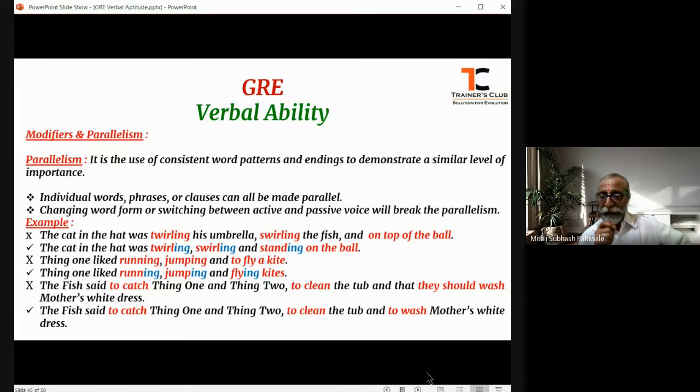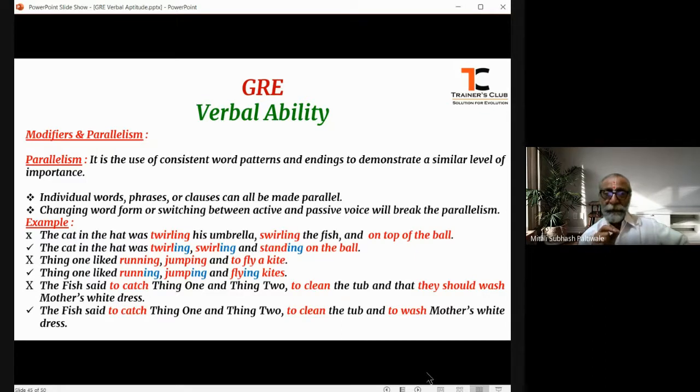In the same way, thing one liked running, jumping, and to fly a kite. To make it into the right frame of parallelism, it goes as: thing one liked running, jumping, and flying kites, or flying a kite.